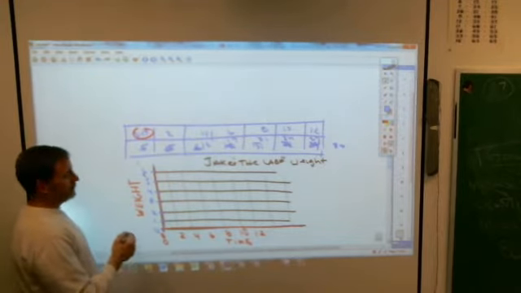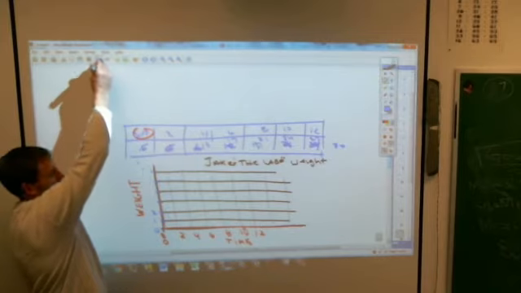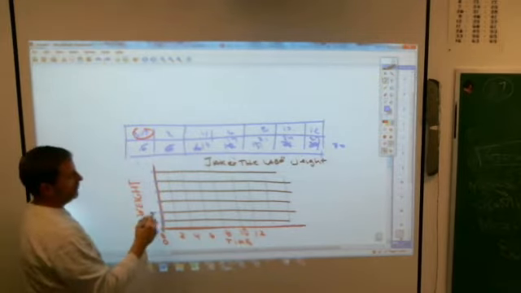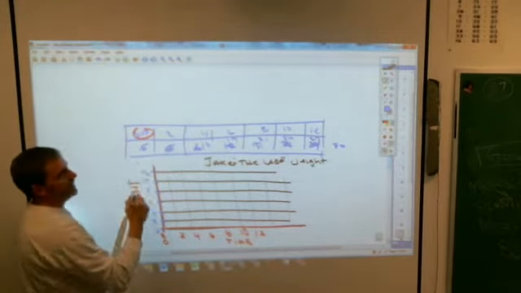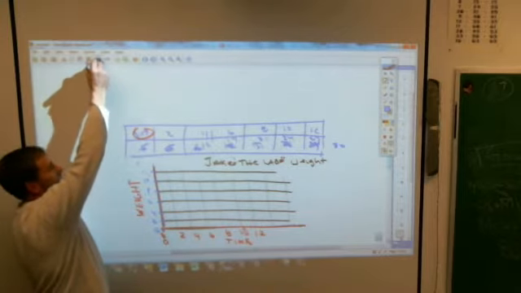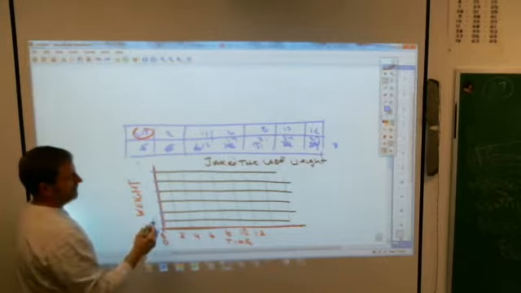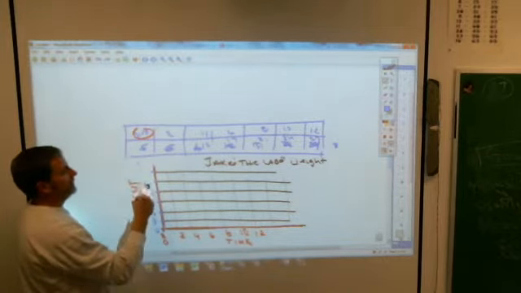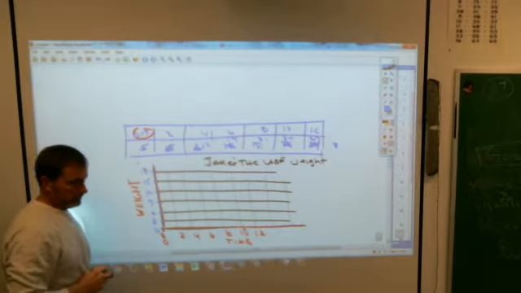If you did every line as 2 pounds, you're only going to get 2, 4, 6, 8, 10, 12, not big enough. If every line was 3 pounds, you get 3, 6, 9, 12, 15, 18.